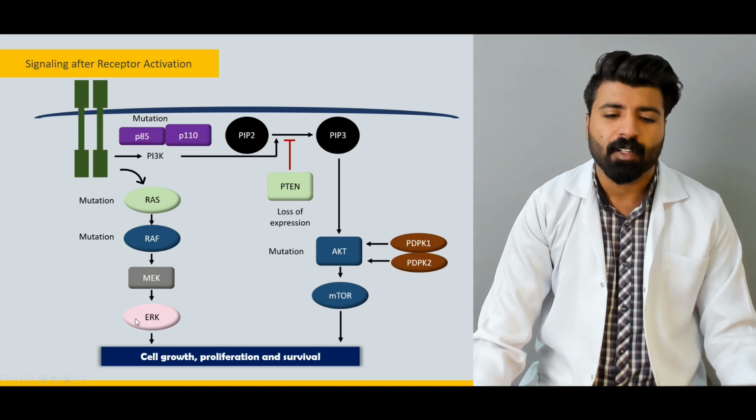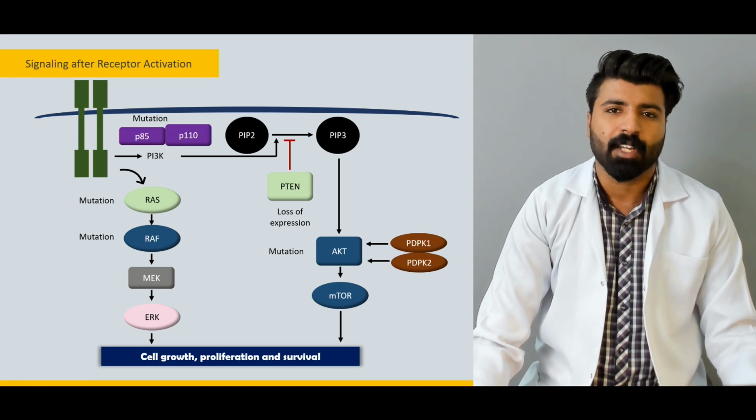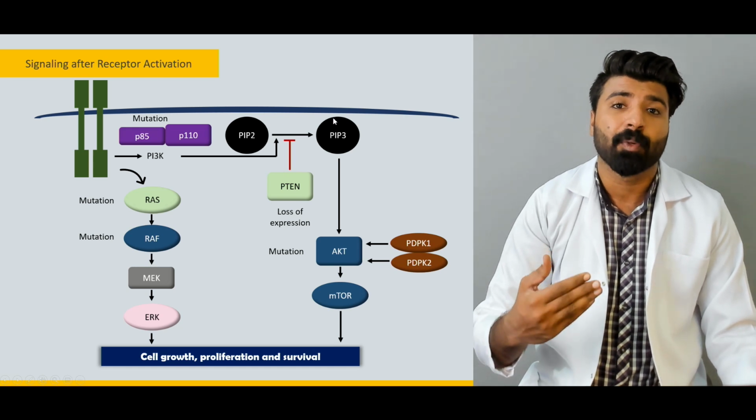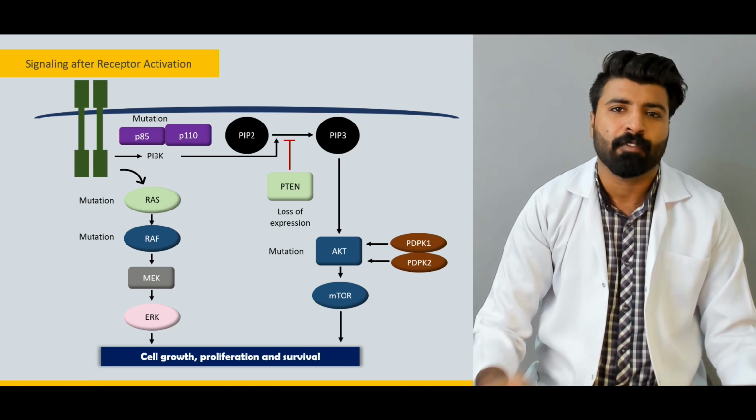Now if there's no check, cell growth will happen. No body is there to stop the cell growth from happening. Now proliferation, let's get to proliferation. How is proliferation happening in this scenario? When PTEN loses its expression, there's no way of conversion of triphosphate to diphosphate, or we can say into its less potent or less active form.